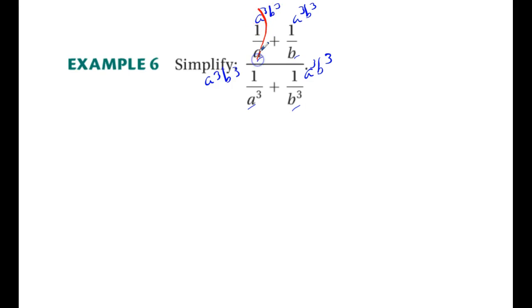A cubed divided by a is a squared b cubed plus a cubed b squared over b cubed plus a cubed.